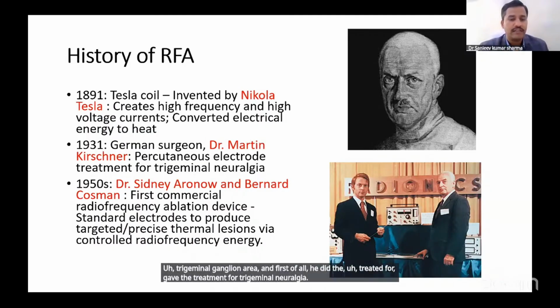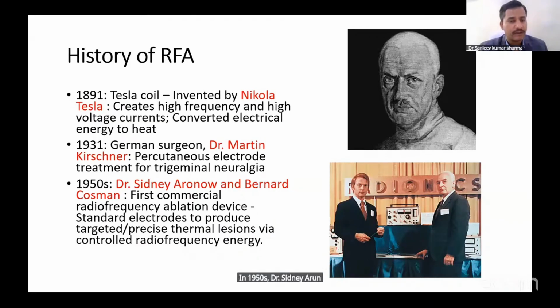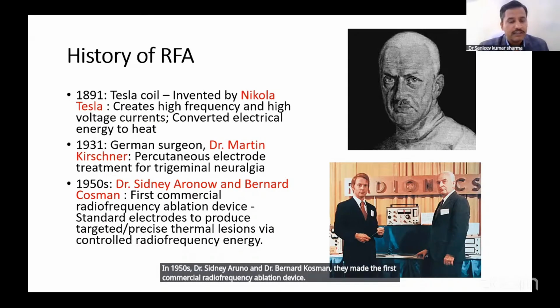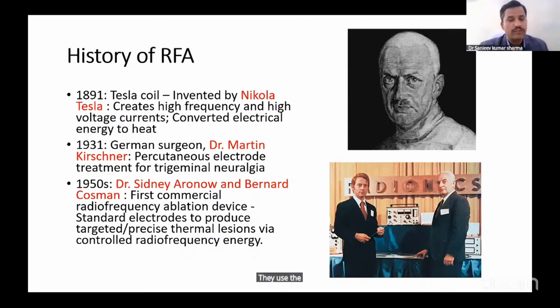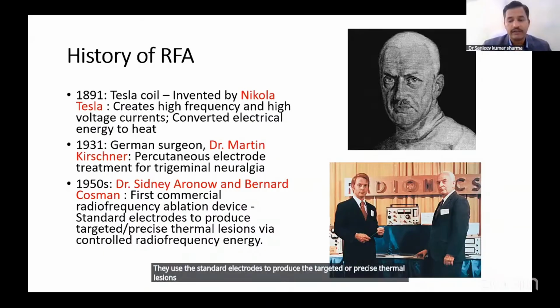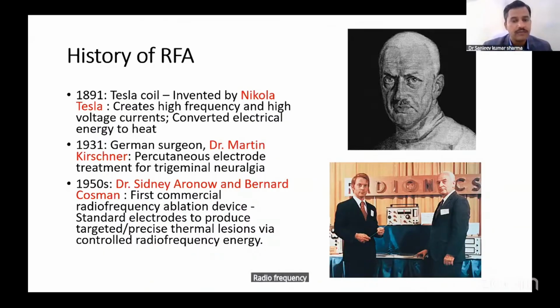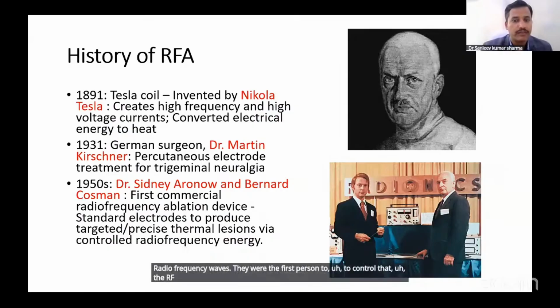In the 1950s, Dr. Sidney Aronow and Dr. Bernard Cosman made the first commercial radio frequency ablation device. They used standard electrodes to produce targeted or precise thermal lesions via controlled radio frequency waves. They were the first persons to control the RFA probe tip temperature.